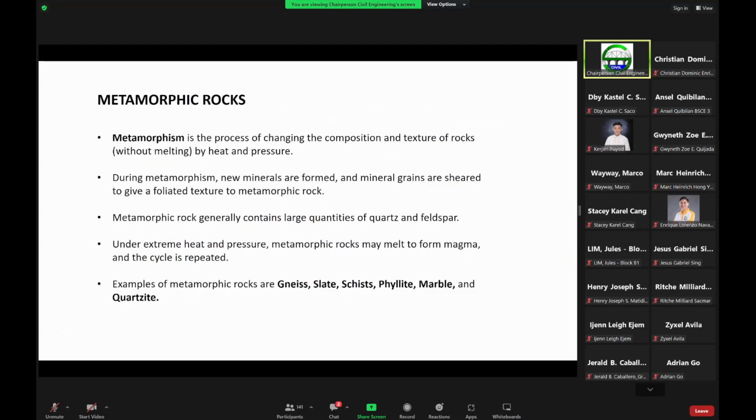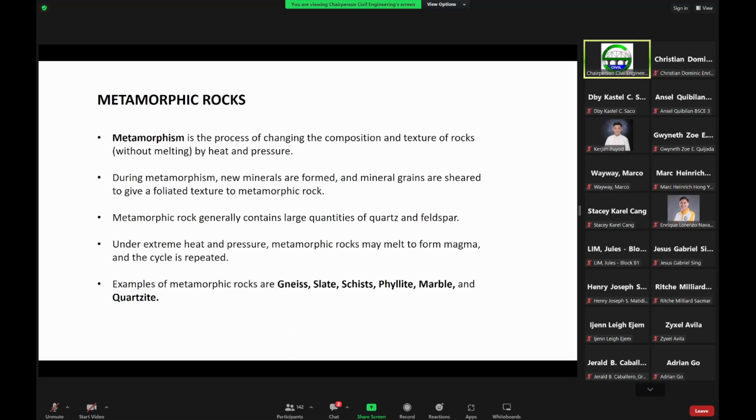So, talking a little bit about metamorphic rocks. Metamorphism is the process of changing the composition and texture of rocks without melting, by heat and pressure.